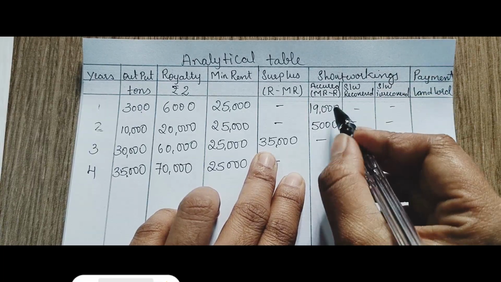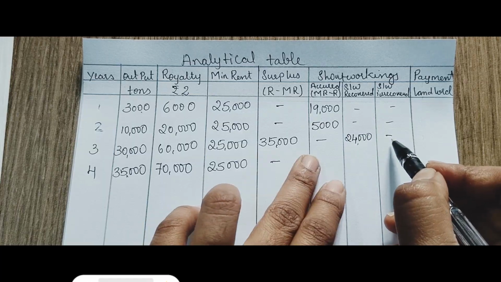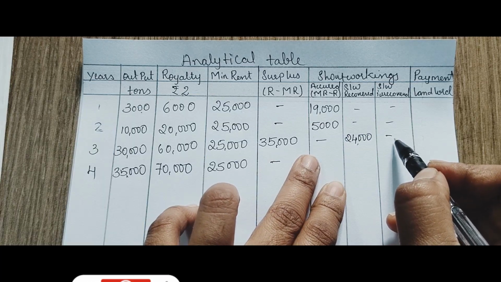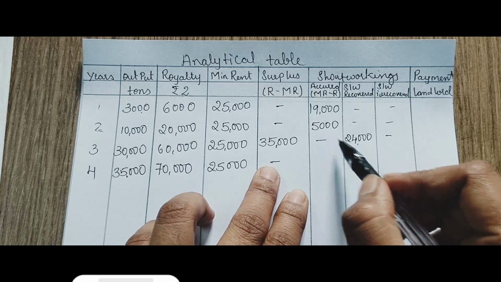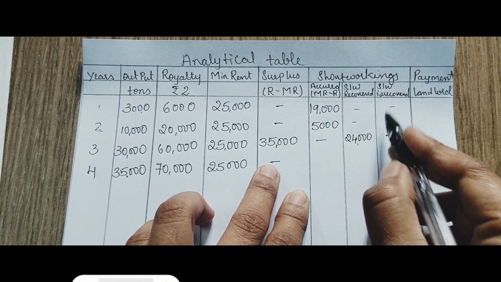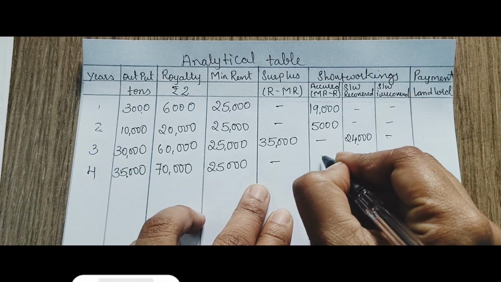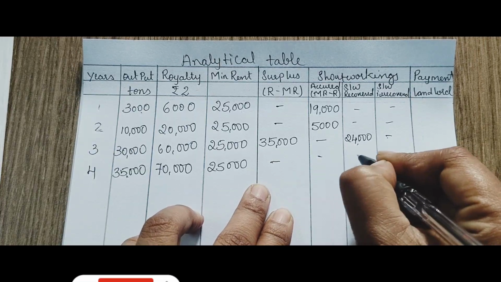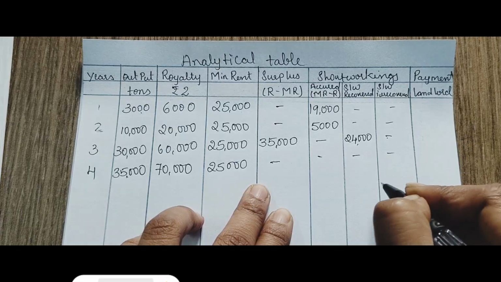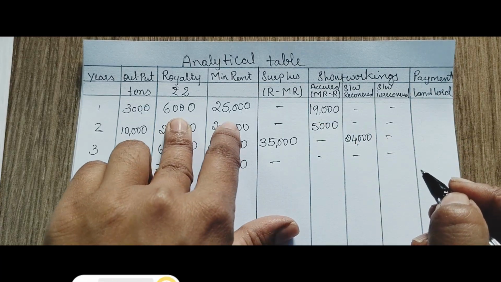Understood? Because you have recovered. In case you had recovered only 19,000, then the remaining 5,000 would be shown under irrecovered. But here the whole amount is recovered in the third year. So irrecovered is nil. You don't have any irrecovered. And there is no short working, nil. Then now the landlord. In the first year, minimum rent means what?